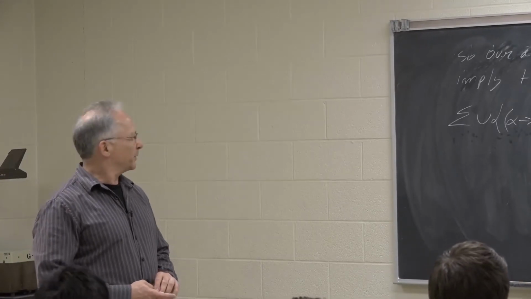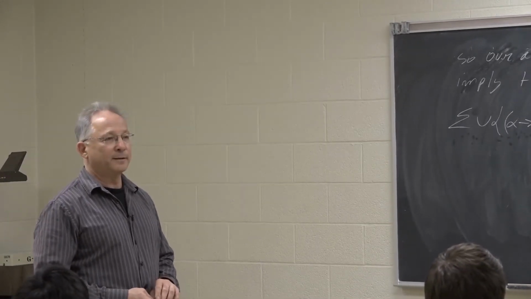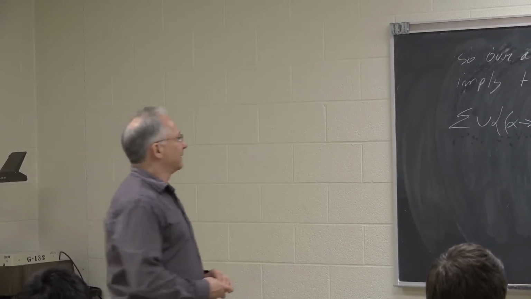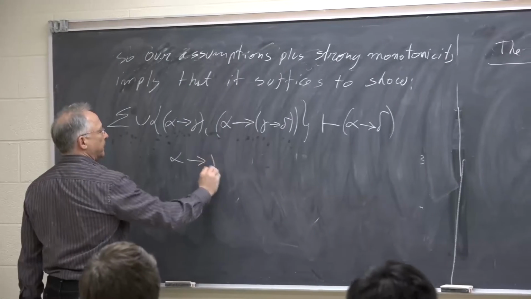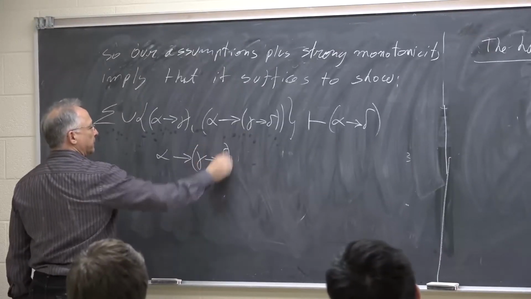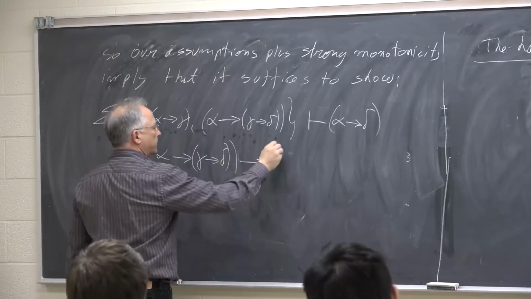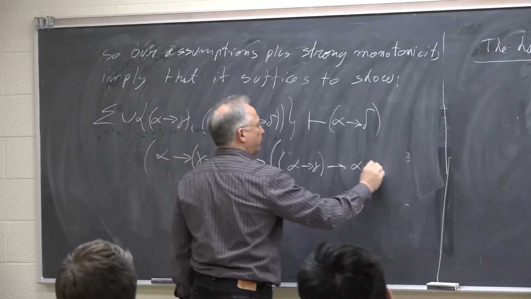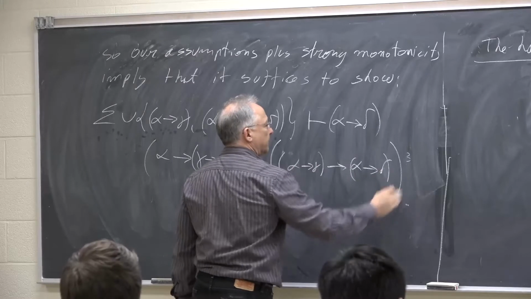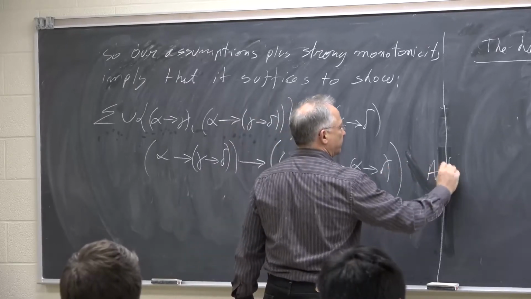Which axiom do you think will become handy here? Axiom 2. I will write here alpha arrows, gamma arrows delta, arrows, alpha arrows gamma, arrows alpha arrows delta. This is just axiom 2.